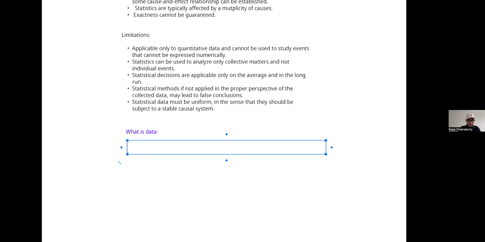Now, when we collect data, it can be from a population or it can also be from a sample, right? So we'll talk more about that. So data may come from a population or from a sample, right?